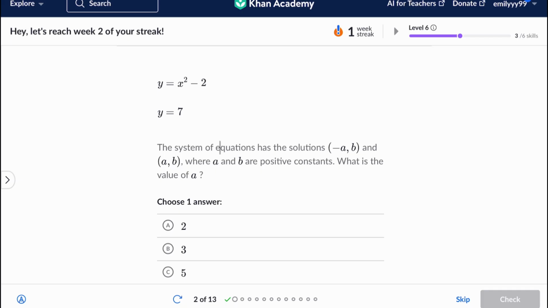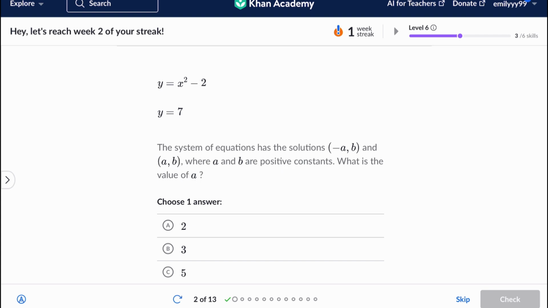The system of equations has the solutions -a, b and a, b, where a and b are positive constants. What is the value of a? Okay, so all we have to do is plug this into the calculator, and we're trying to find the solution of it. And it's telling us that it has two solutions here. And we want to know the value of a.